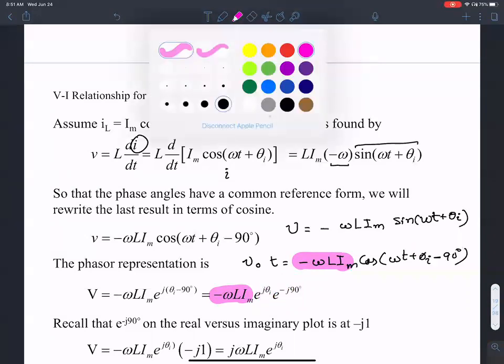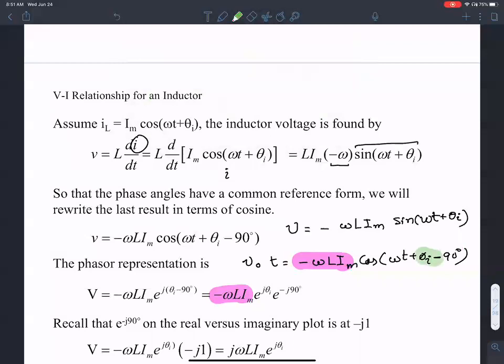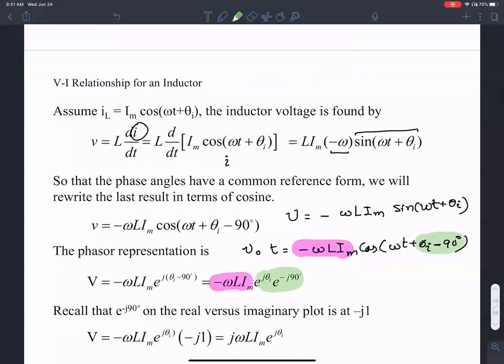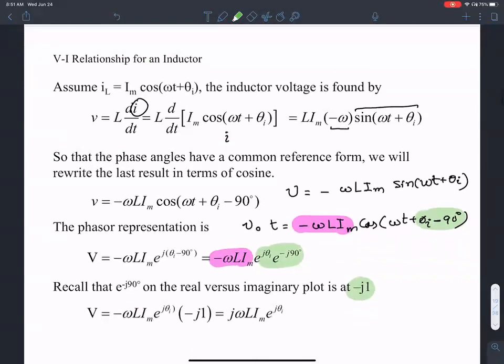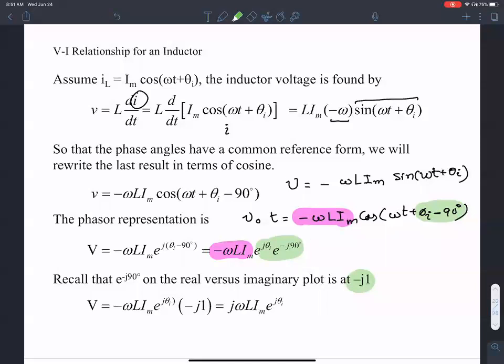That's the phasor representation of it. I only take into account the phase shown in green and the amplitude shown in purple. Now we know e to the negative j 90 degrees is really negative j. So we can replace this with negative j.